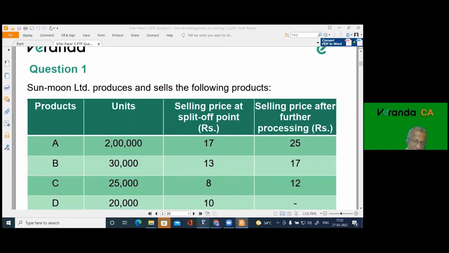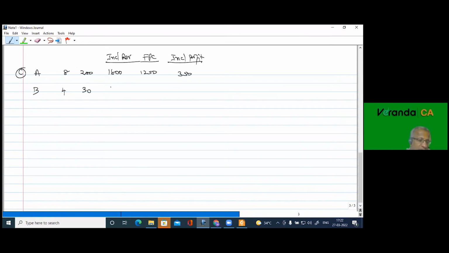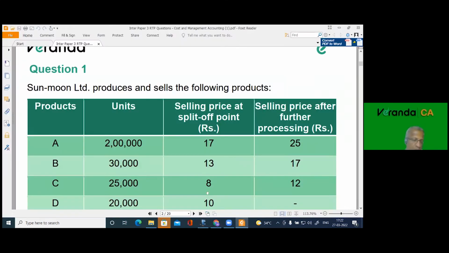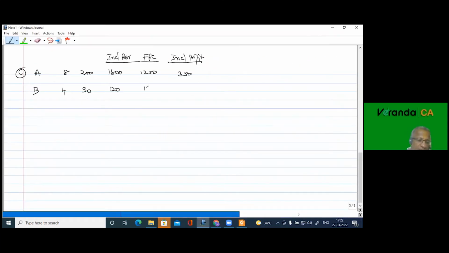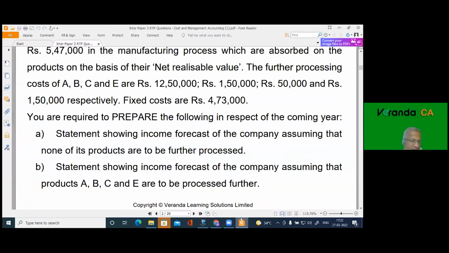And quantity is 30. So incremental revenue is 120. What is further processing cost? Further processing cost is 150. So I get negative. So should it be processed further? No. This is the way it should be presented, not the way they have given in the PDF.